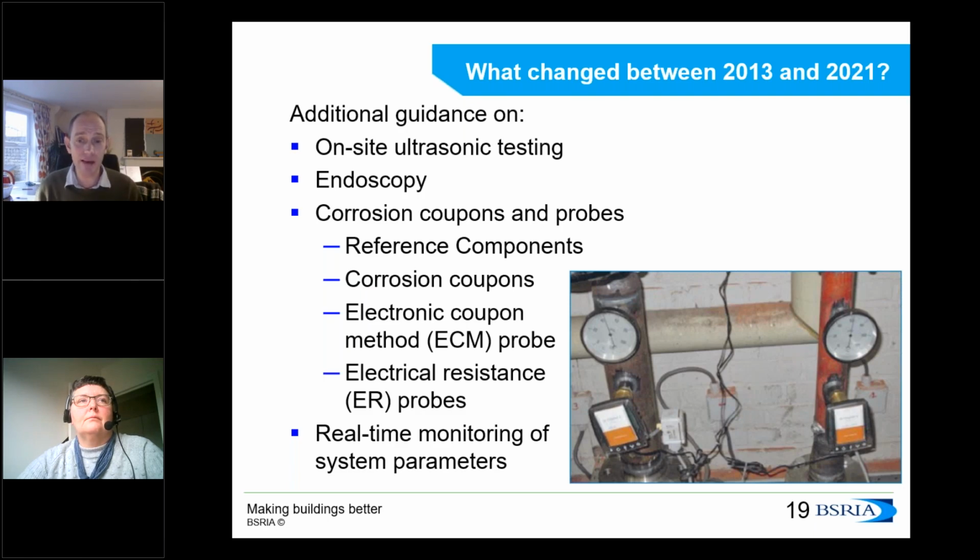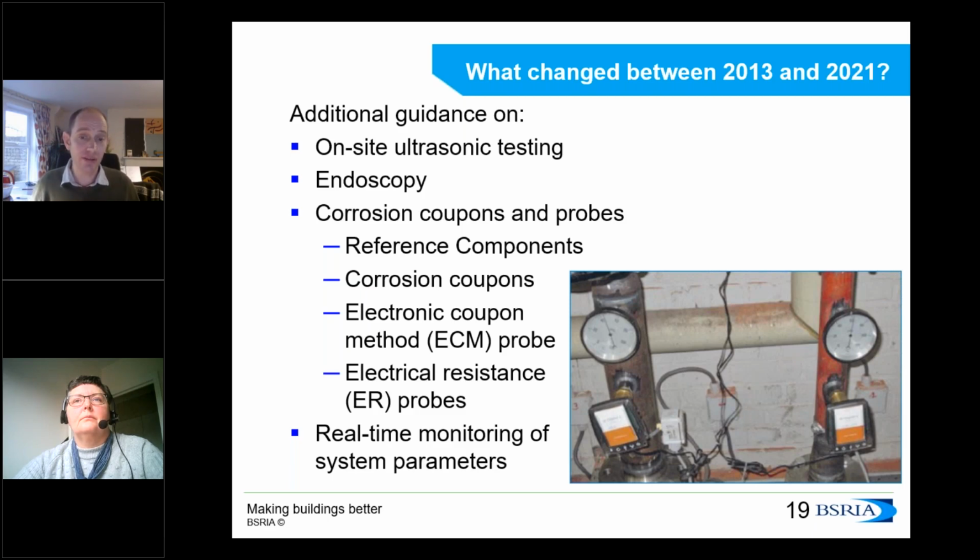Also, these days there are various means of measuring corrosion rates. Reference components and corrosion coupons are things that can be removed from the system to see how much has been corroded on that small piece of metal. There are electronic coupon methods, so you can monitor the system from outside the pipework, similar with electrical resistance probes.